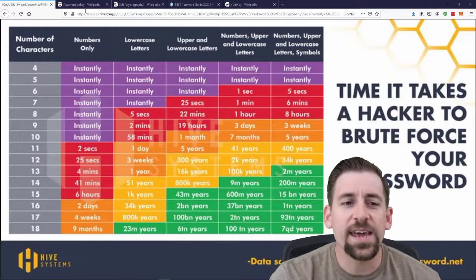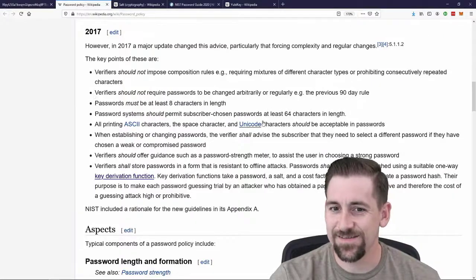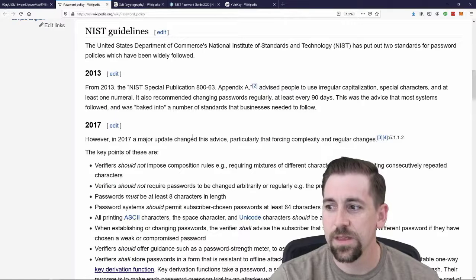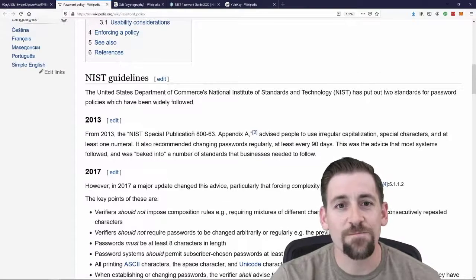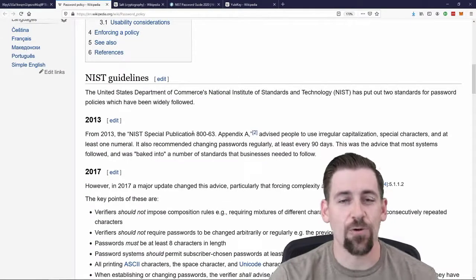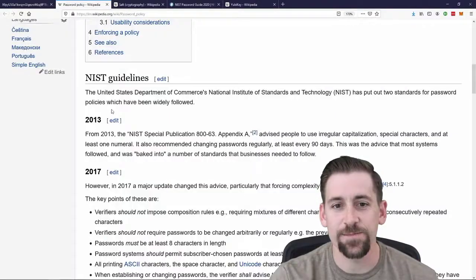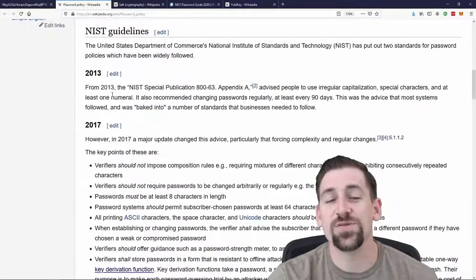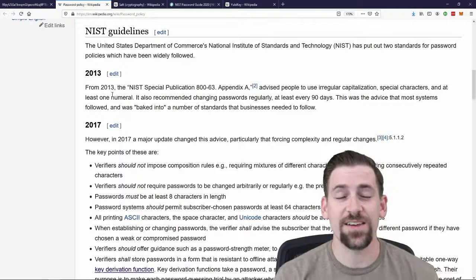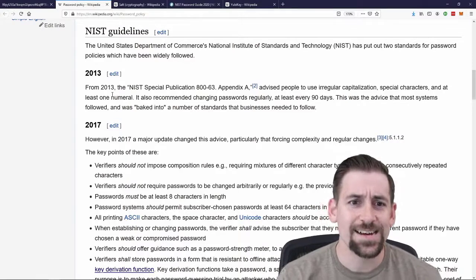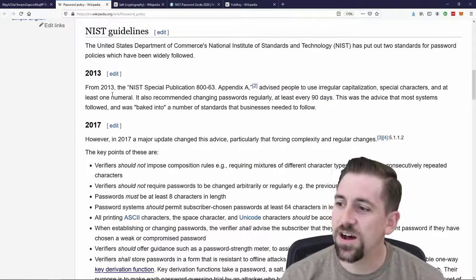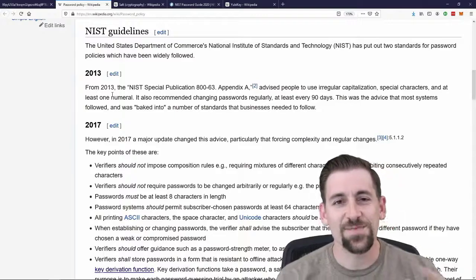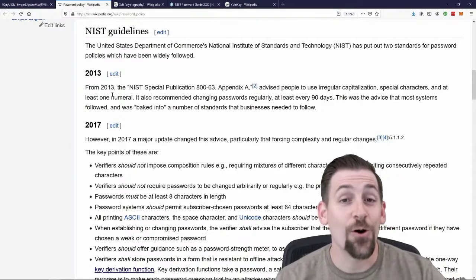So how do we roll out password policies to make sure that our users are in this green range here? What I'd like to do is point you to NIST, the National Institute of Standards and Technology here in the United States, which does publish guidelines for this. I wanted to talk a little bit about something interesting, which is how these password policies have evolved over time.